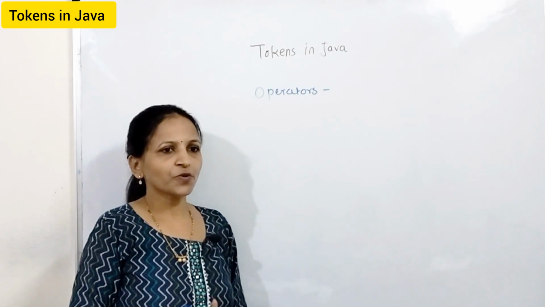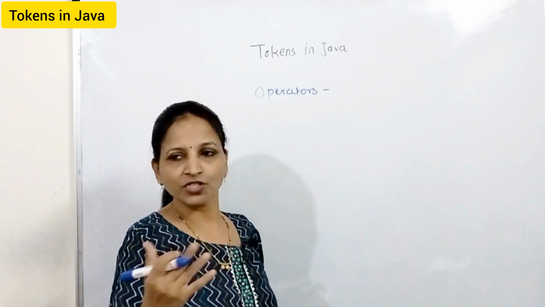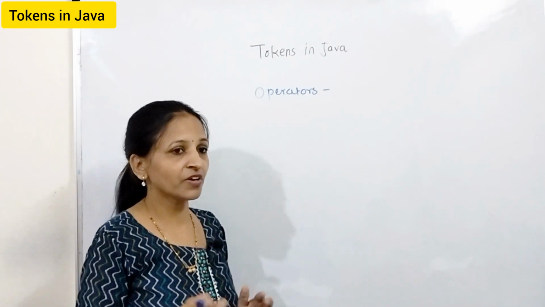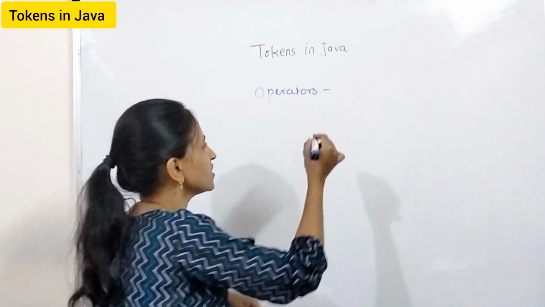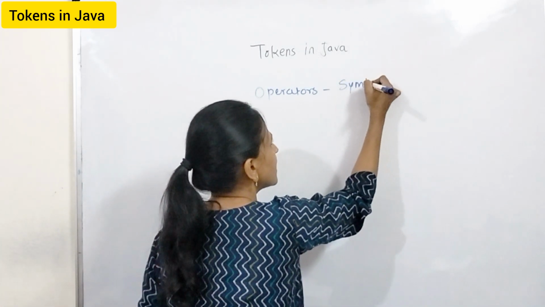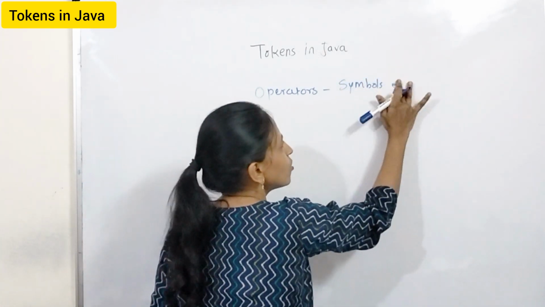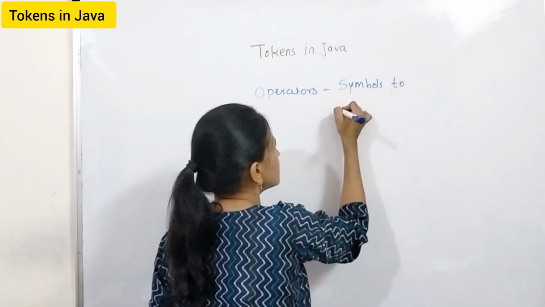Then you can use logical and, or, not. These are the same as in C++. If there are any differences, we will discuss the operators concept in depth in a separate session. Operators are just symbols to represent any mathematical or logical action. That's it.